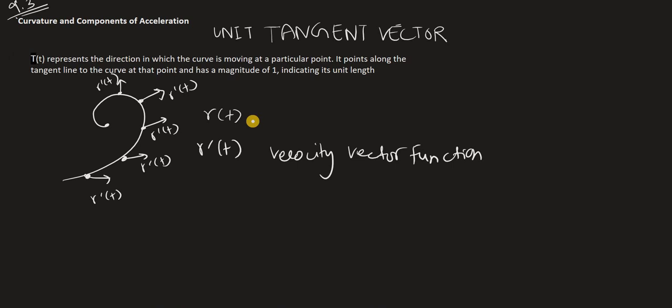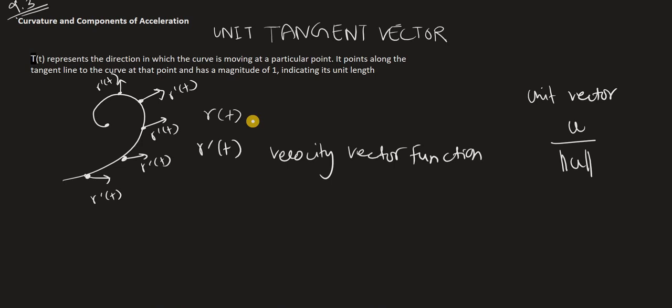So how do you calculate the unit tangent vector? As you know from linear algebra, how do you calculate a unit vector? We simply take the vector itself and divide it by the norm of the vector to get the unit vector.